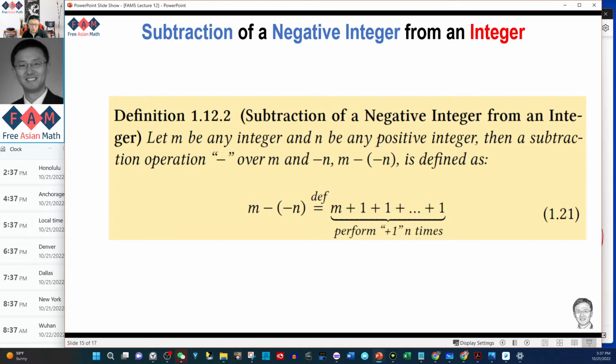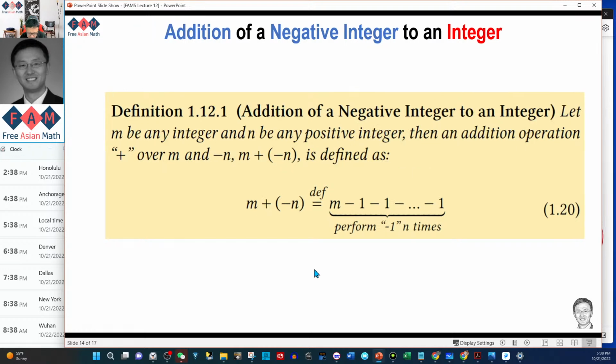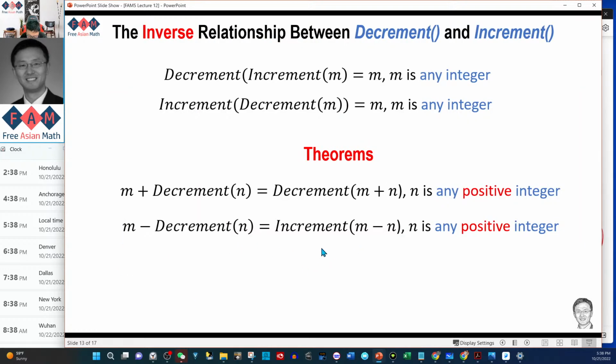Similarly, if we do subtraction of a negative integer, what is m subtracting negative n? Well, this is kind of a mirror image of what we just did because of this second theorem.